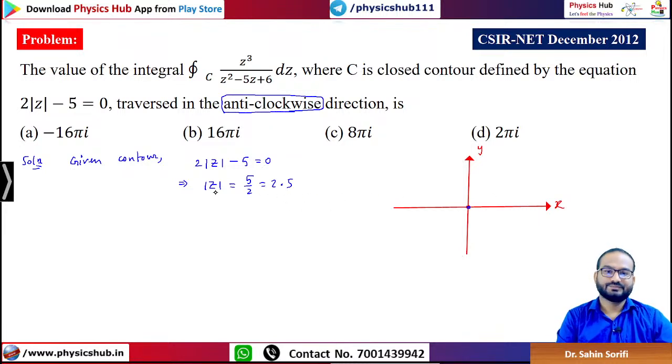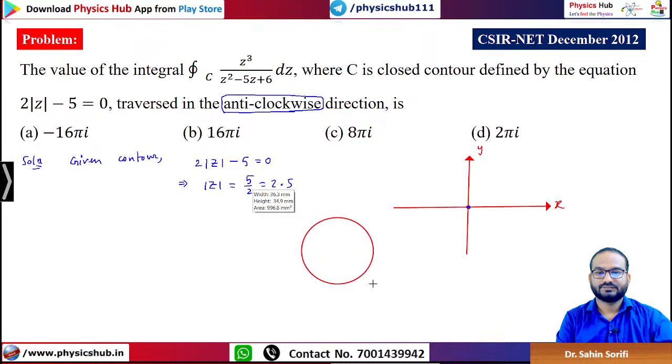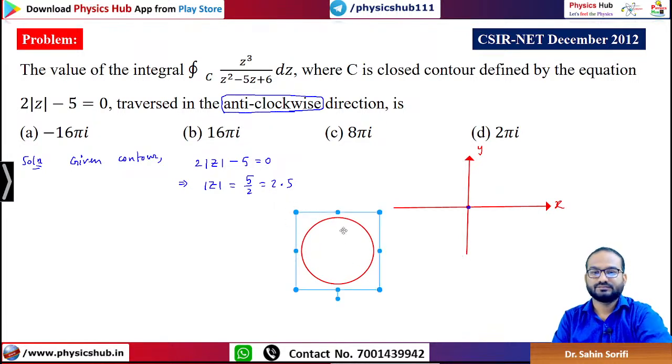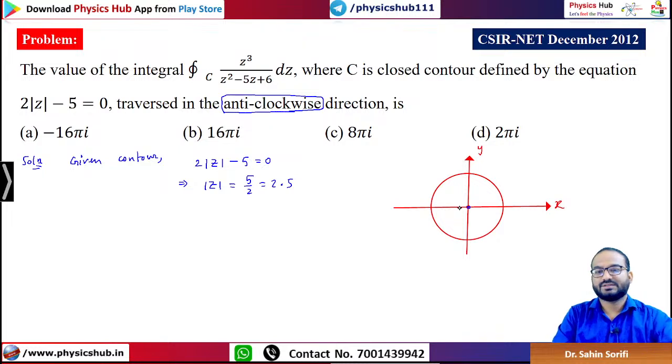Okay. You do it by yourself. I am just trying to draw the given contour. It is traversed in the anti-clockwise direction. So, this is your contour C. It has a radius 2.5. So, it is more than 2. So, let us say this is 1, this is 2, 2.5, 3.